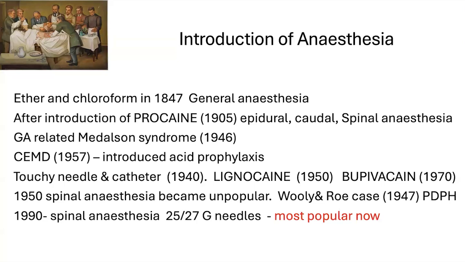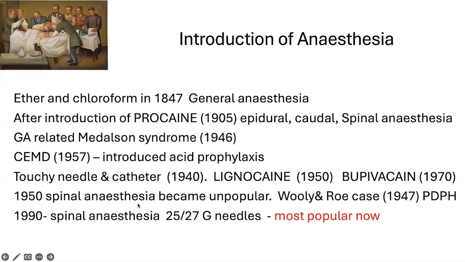The Tuohy needle and catheter were introduced in the 1940s, lignocaine in 1950, and bupivacaine in 1970. Spinal anesthetics were done along with general anesthesia, but in the 1950s, because of the Woolley and Roe case, where 2 patients were paralyzed after spinal, it became unpopular until the 1990s.